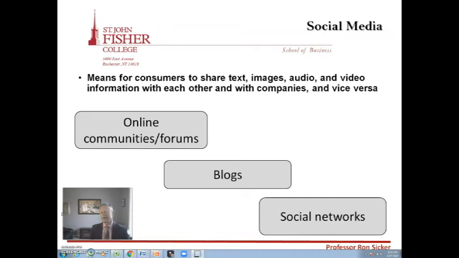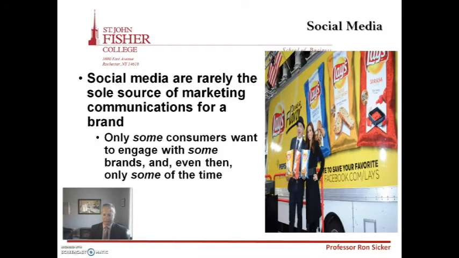And then, of course, you guys are so familiar with social networks, with Instagram, Snapchat, Twitter being really the bell cows there. Facebook for the older generation, and then of course LinkedIn is a business social media thing.